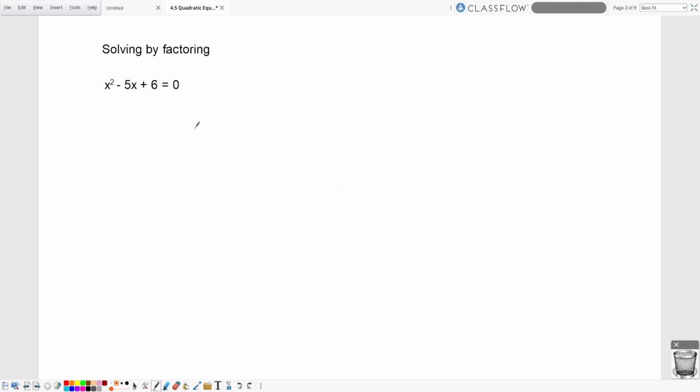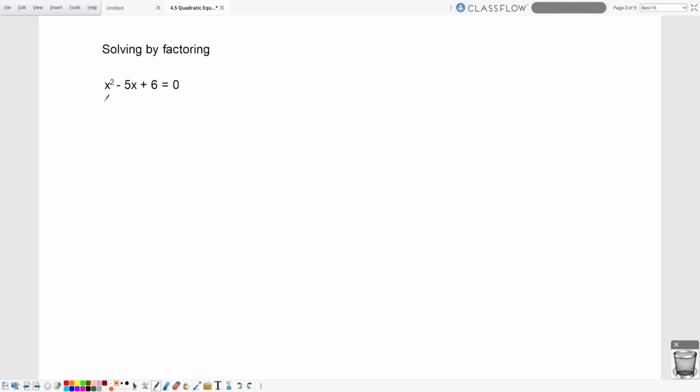So now what we're going to be doing is actually taking equations. Previously we just had a quadratic and we didn't have an equation because we didn't say it was equal to anything. So now we have x squared minus 5x plus 6 is equal to 0, and we're going to solve this by factoring. So I have a case 1 quadratic that I'm going to factor and actually solve.